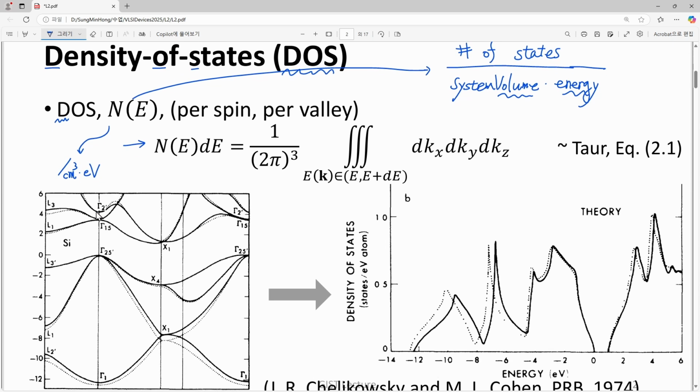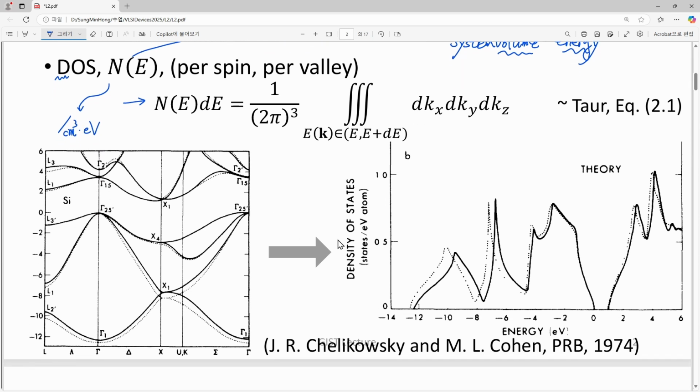Shown here, for example, we have the density of states, written as per electron and atom. Please note that there are about 5 times 10 to the 22 silicon atoms per cubic centimeter.